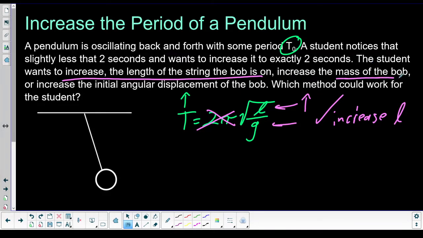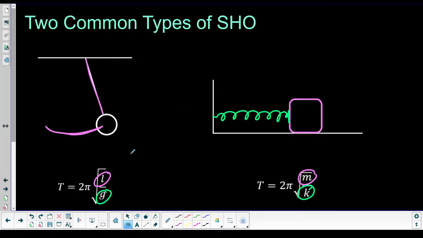Increase the mass of the bob. Like we said on this slide, the mass doesn't really affect the period. Actually, it absolutely has zero effect on the period of a pendulum, because the force driving the system also increases with mass, and making something heavier doesn't work if making it heavier makes the force stronger too.